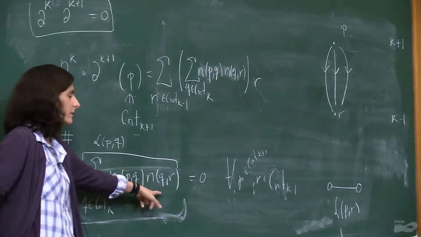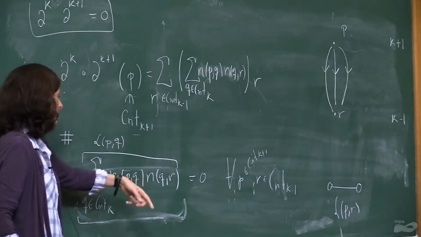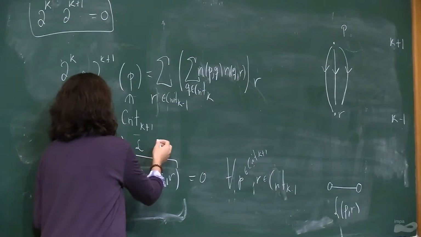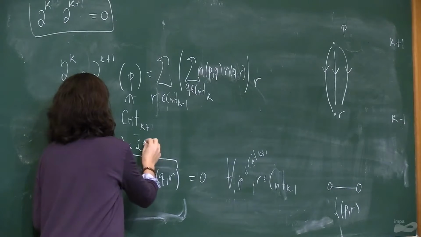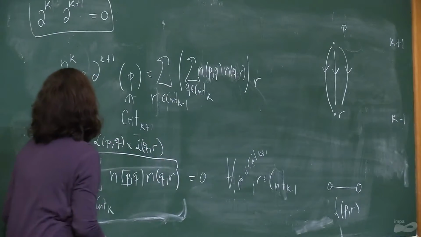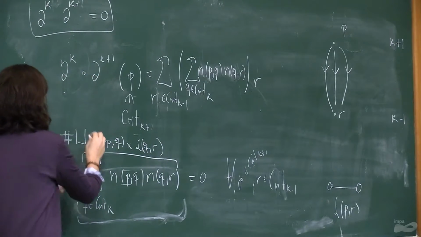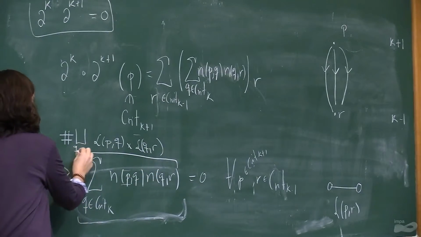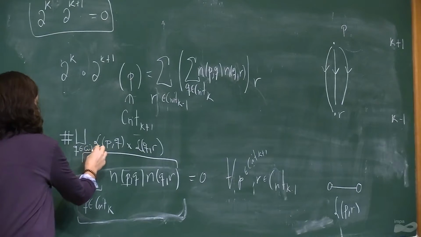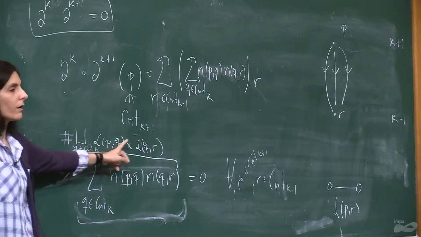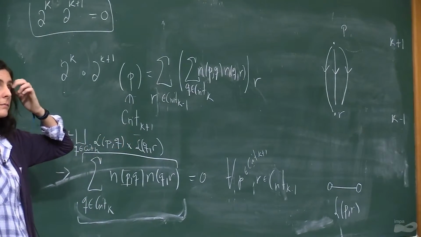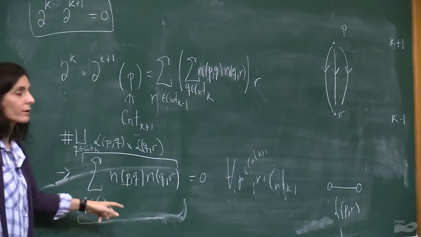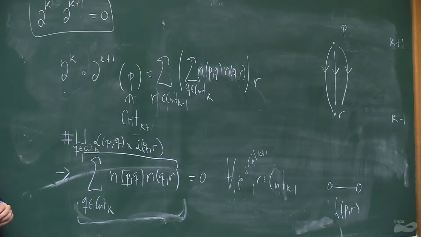And this one is counting the elements on L_QR, sorry. Okay, so this sum here is counting the elements of this disjoint union of these spaces where Q is running over the critical points with index K.